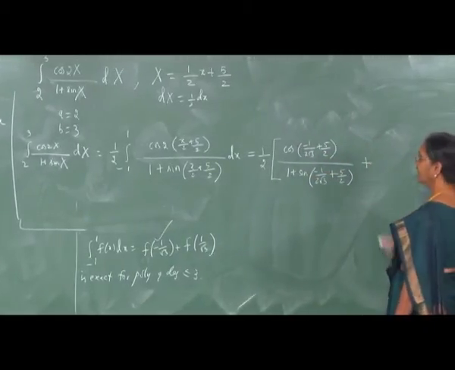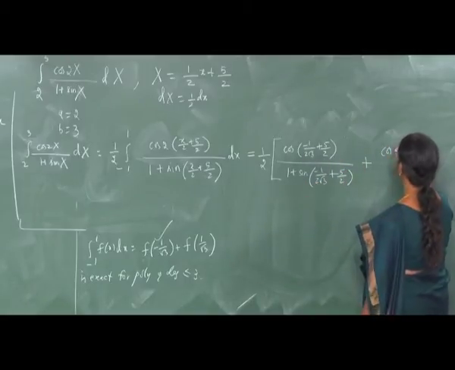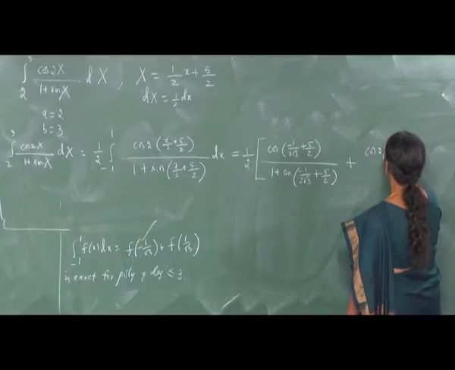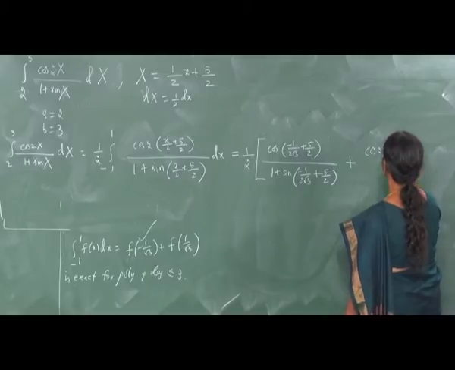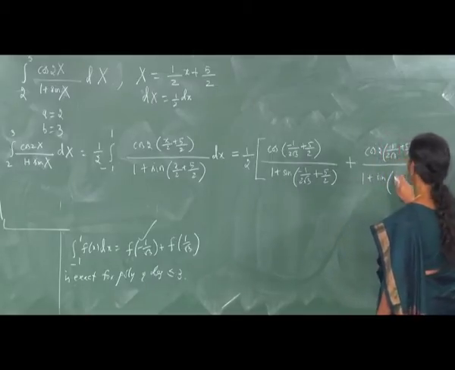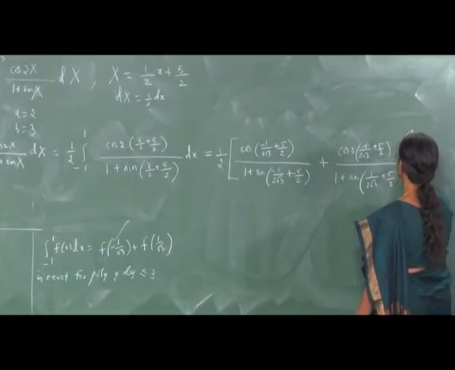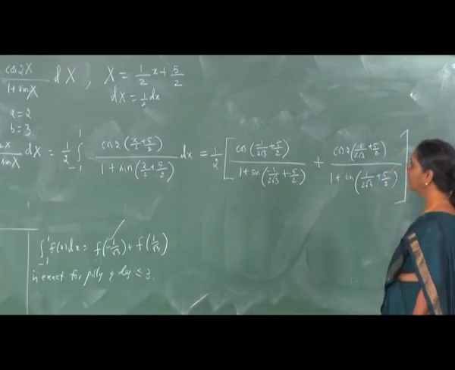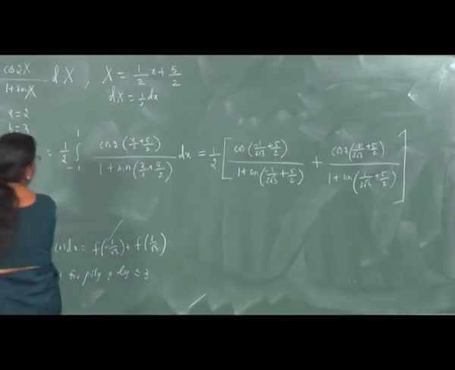Then the second term at x equal to 1 by root 3 should be evaluated. So, cos of x is 1 by root 3 plus 5 by 2 divided by 1 plus sin of 1 by root 3 plus 5 by 2. So, both the ordinates have been computed, and this gives you the value of the integral.